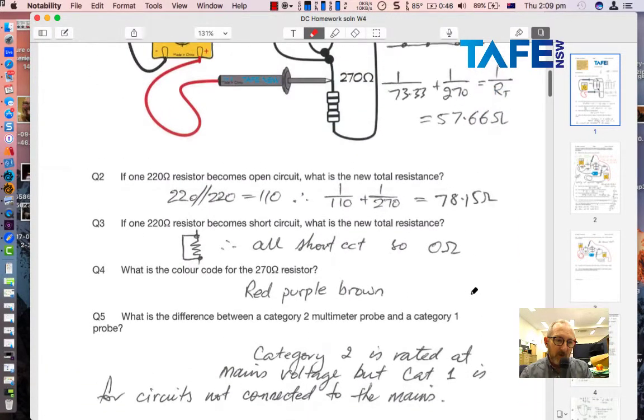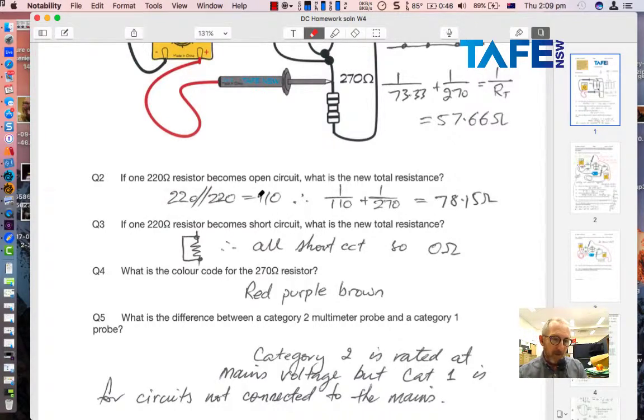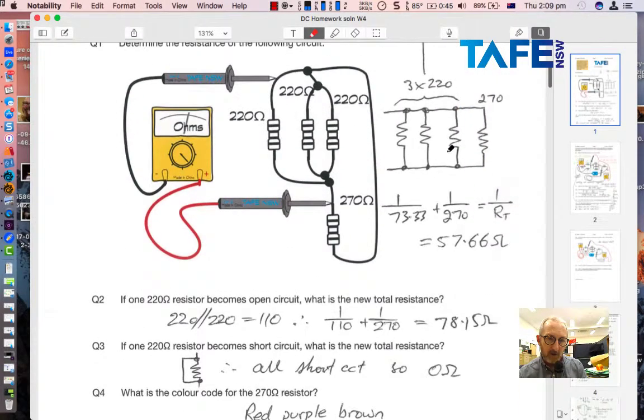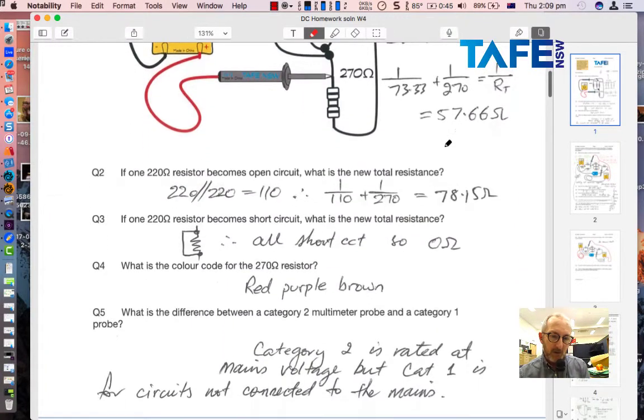If one of the 220 ohm resistors becomes open circuit, what's the new total resistance? Well, that would simply be 220 divided by 2, because there's only 2 of them now. It's gone open circuit, so it's just like I got the cutters and cut that wire. It's like it disappeared from the circuit. What's the new total resistance?